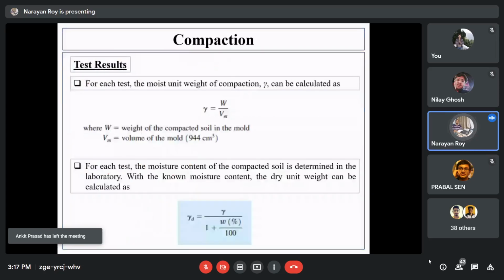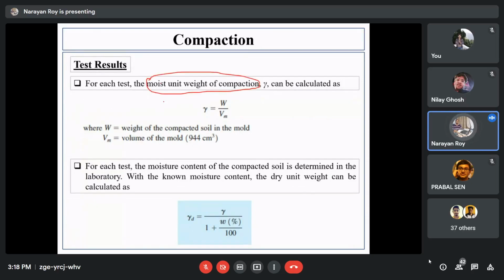If you subtract these two, that is weight of soil plus mold minus the weight of mold, you will get the weight of the wet soil that you have compacted within that mold. From that, we can find out the unit weight of compaction. We will define the moist unit weight of compaction.